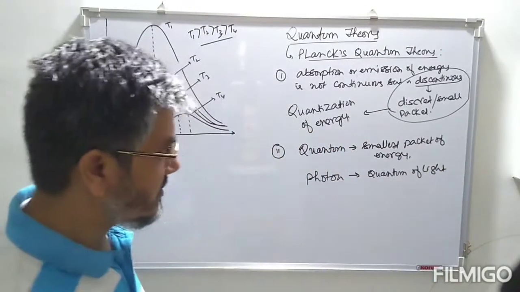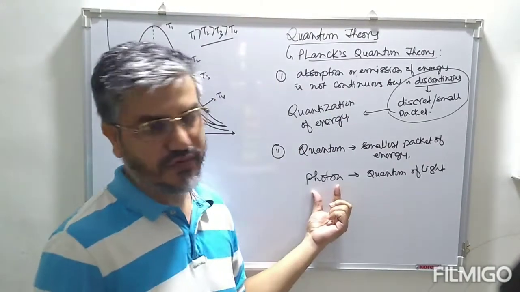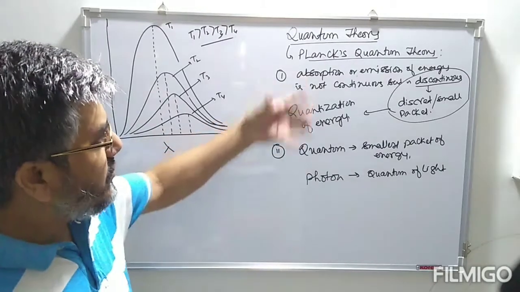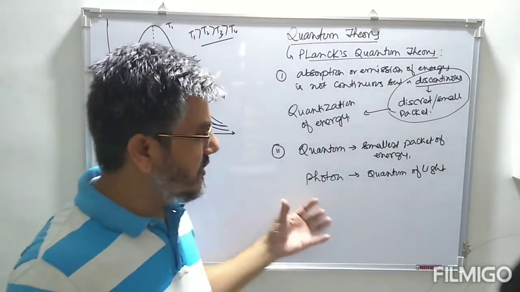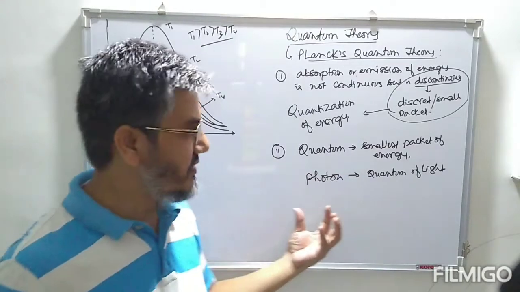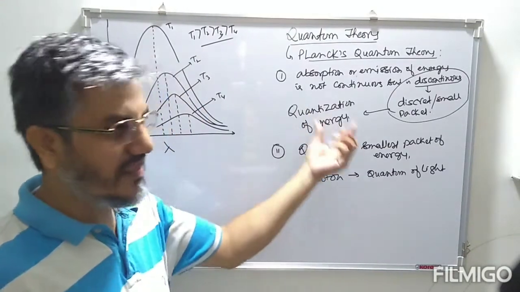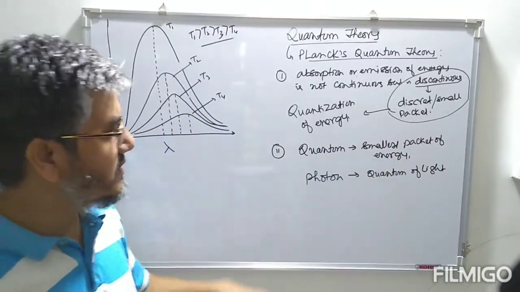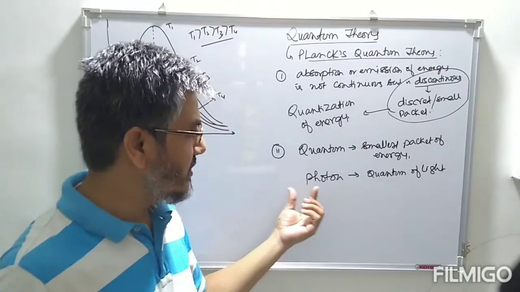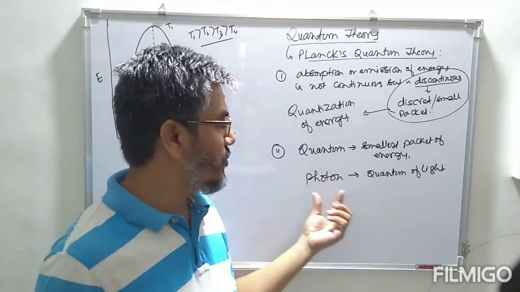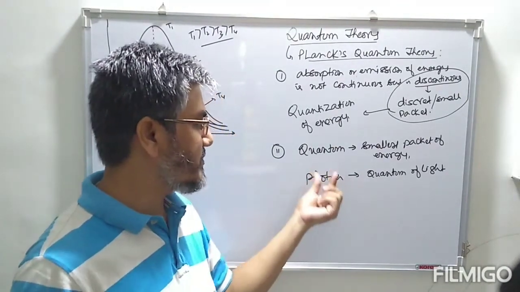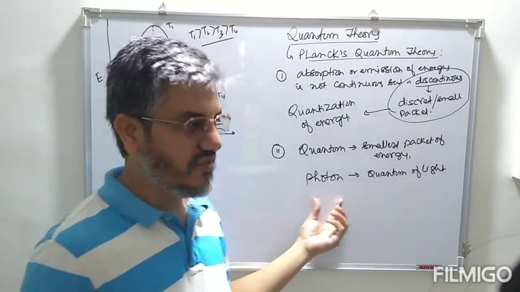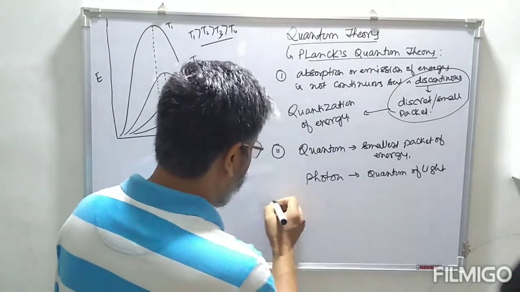The smallest packet of energy of light is known as a photon. So absorption or emission of energy by a particular substance is in the form of quanta, that is, quantized energy packets. Now if the energy in the form of light is used, then energy is in the form of photons, that is, the smallest packet of energy of light is known as a photon, and a photon is nothing but a quantum. Quantum is generalized; photon is specific for light.